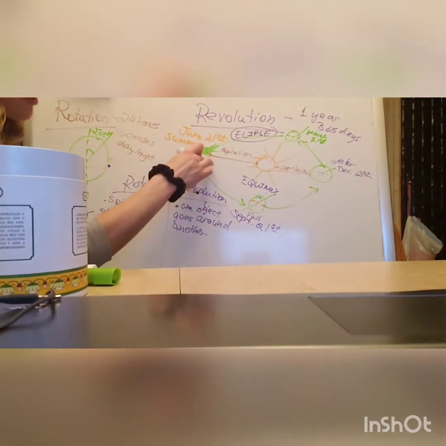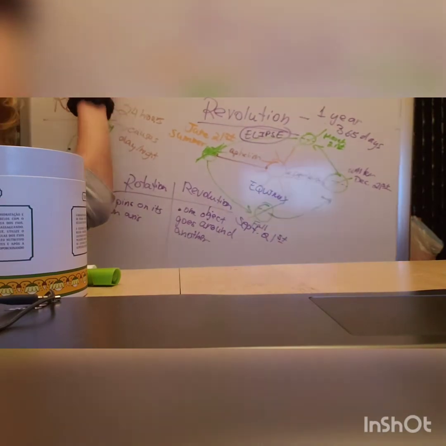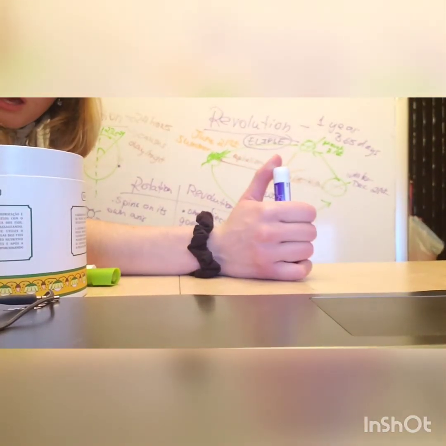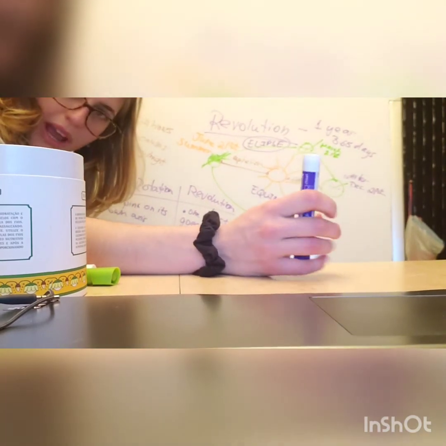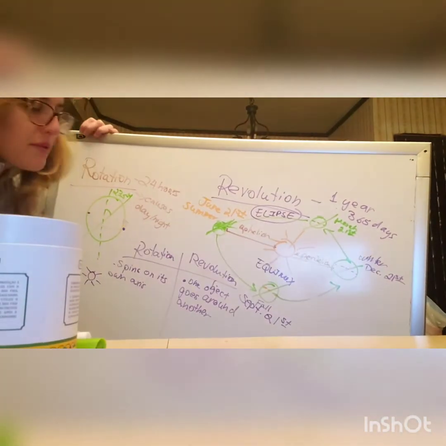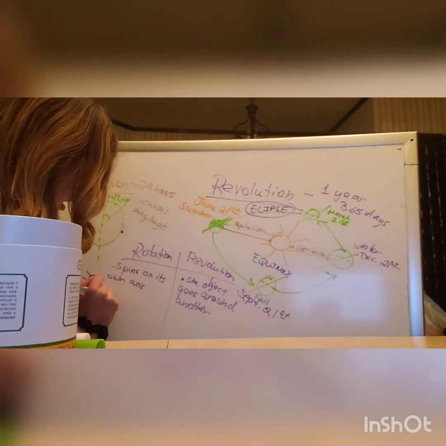It could be another planet around the sun. What are some other good examples of revolution? Like a merry-go-round, objects going around a focal point, that would be a revolution. Things that rotation and revolution cause: rotation causes day and night.